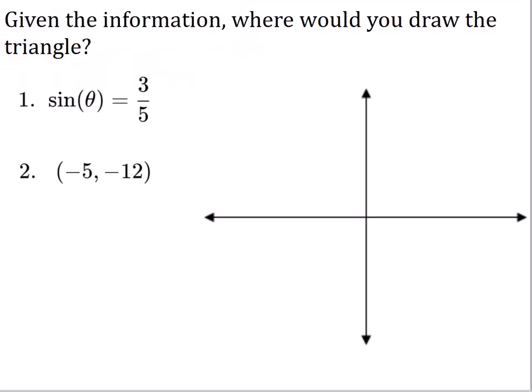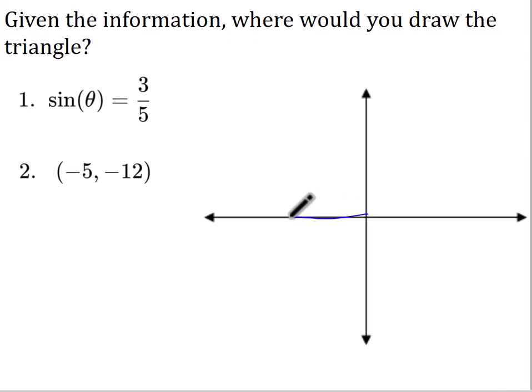So here I have some given information, and my question for you is, where would you draw this triangle given this information, and where would you draw the triangle if you're given this information? I'm going to start with number 2 because that one's a little easier to have a final answer for. -5 and -12 are for sure going to put me into quadrant 3.